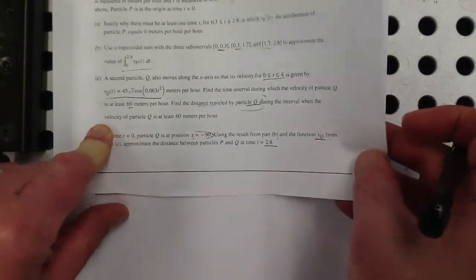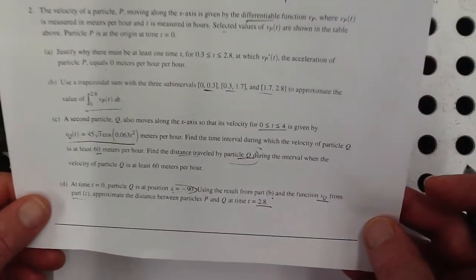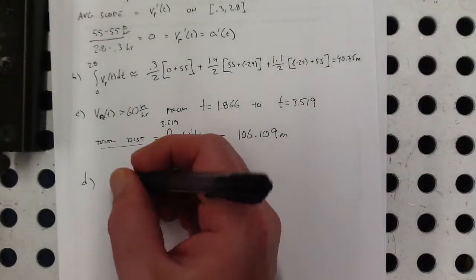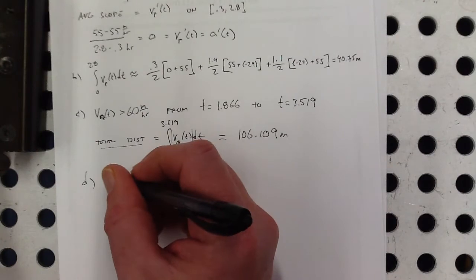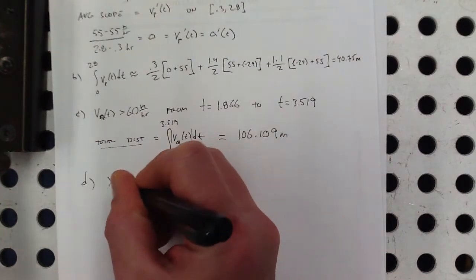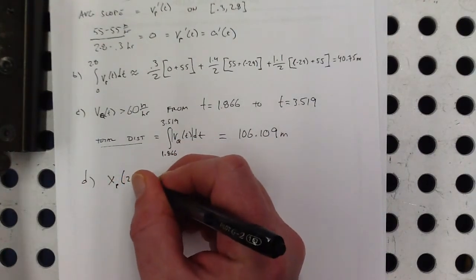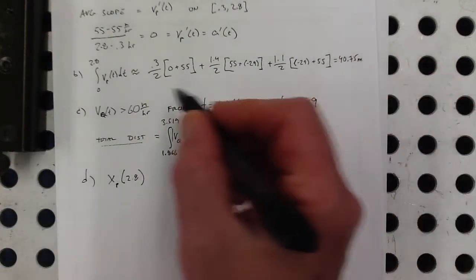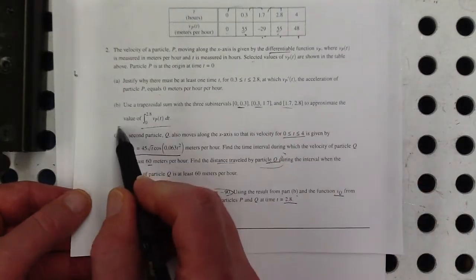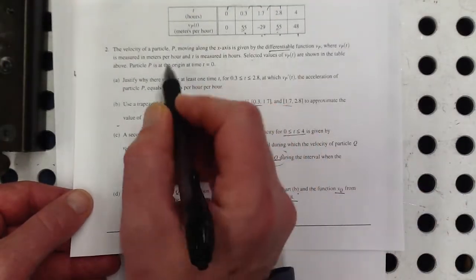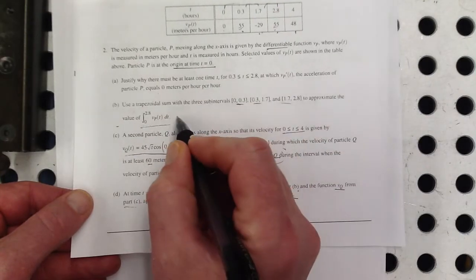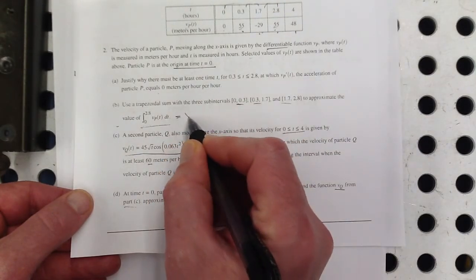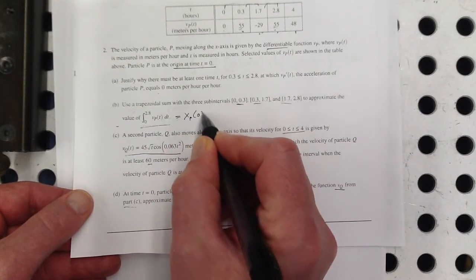Okay, so the position, we call x of P at time 2.8, is, I know I found in part B this trapezoidal sum, and since it's starting at the origin, this is the position at time 0.